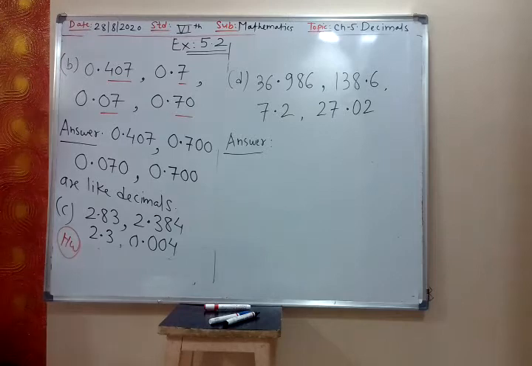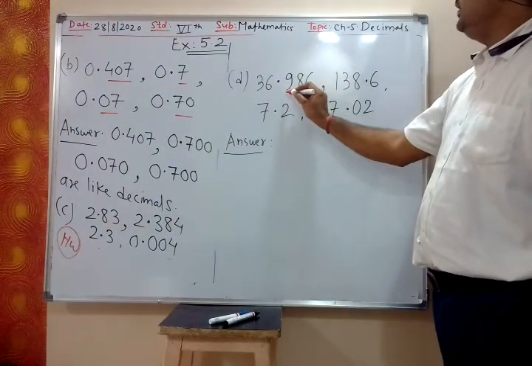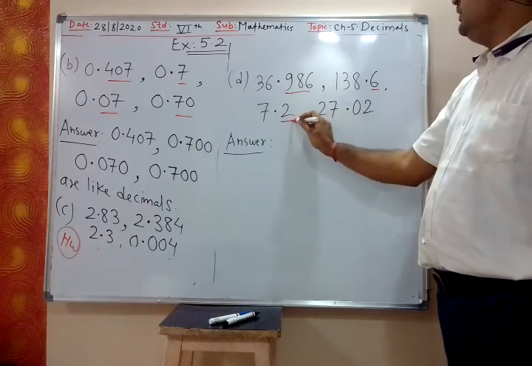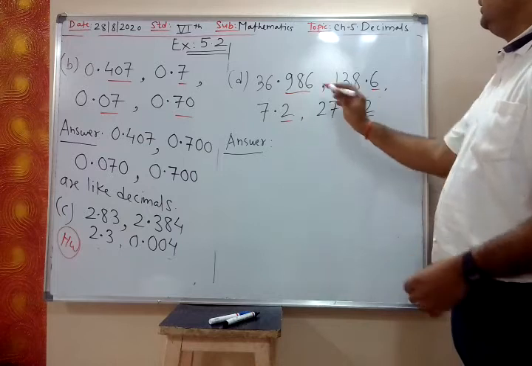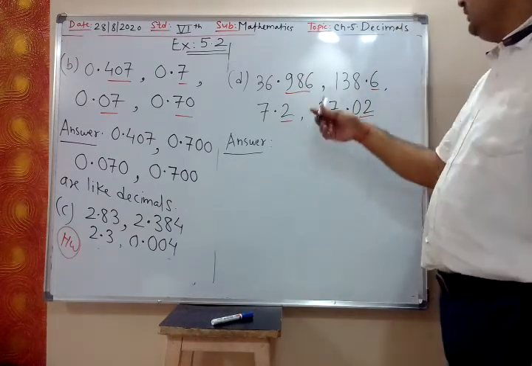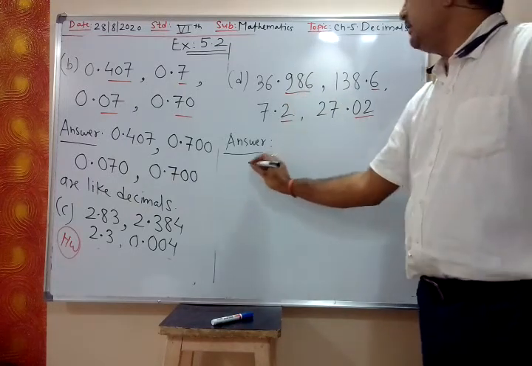So this is 3 digits, this is 1 digit, this is 1 digit, and this is 2 digits. The maximum number of digits is 3, so I will make each number have 3 digits after the decimal.